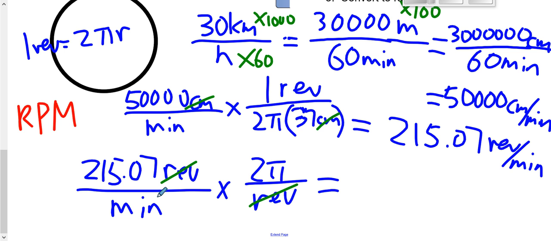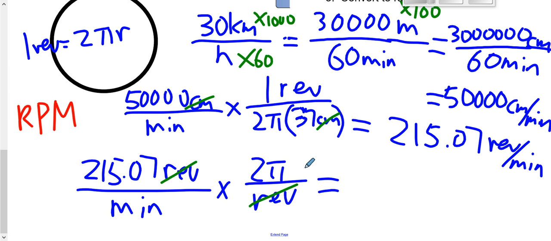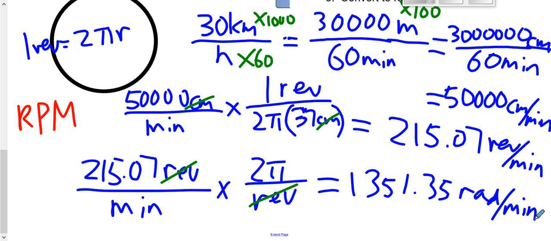Oh, actually we are on the third step, sorry. Convert to radians per minute. The question did not mention the rounding, so we just leave that with 2 decimal places, or round it to the nearest hundredth. So you should get 1331.35 radians per minute. So that tells you the amount of angle measurement for every minute.